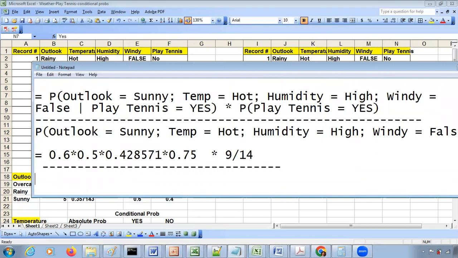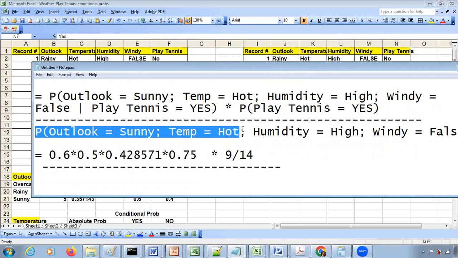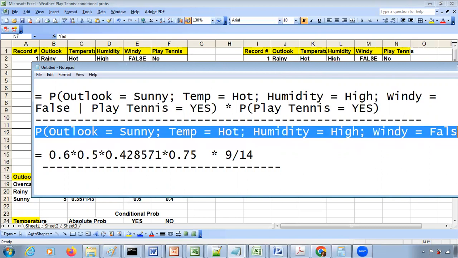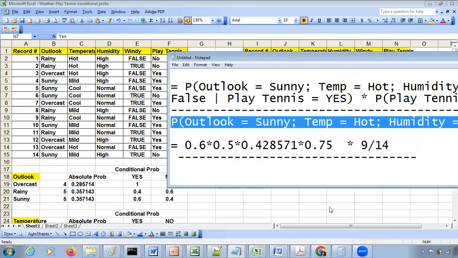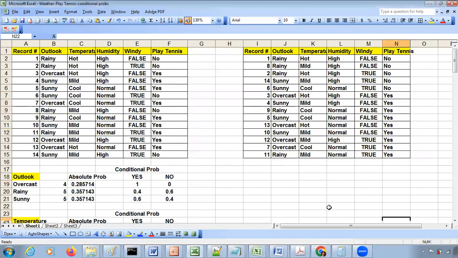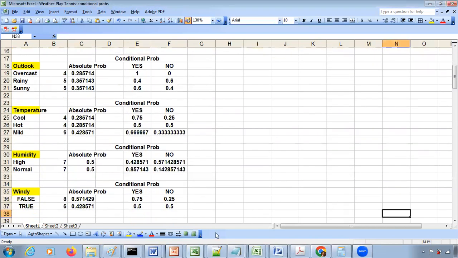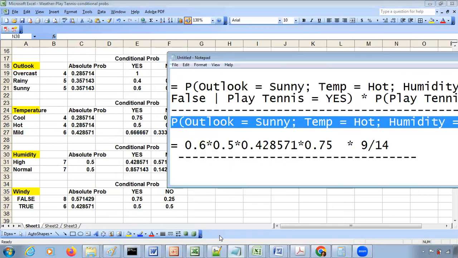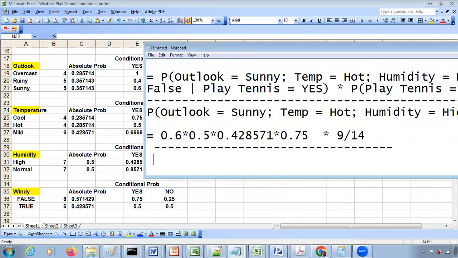Divided by the probability of outlook equals sunny times the probability of temperature equals hot times probability of humidity is high times probability of windy equals false. So these are the absolute probabilities for each of the feature values here. Probability for outlook equals sunny is this number, 0.357143.